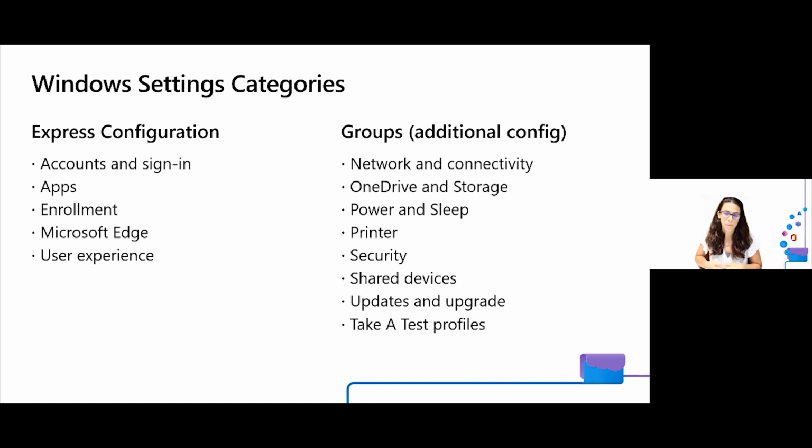So if you need network and connectivity, OneDrive and storage, power and sleep, printer, security, shared devices, updates and upgrades, which is always a topic that we see organizations take time to look at, or configure a take a test profile, you will then have to go to groups.